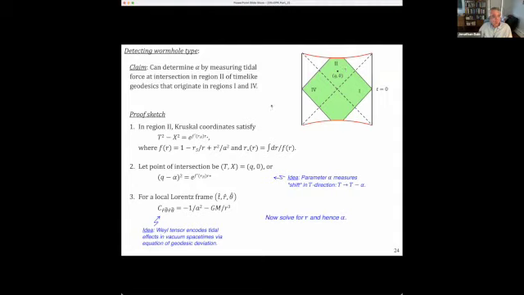So the claim is we can determine alpha by measuring the tidal force at the intersection, in the interior region 2, of time-like geodesics that originate in regions 1 and 4. Intuitively, they correspond to Alice and Bob jumping into their black holes and then meeting in the interior at some point. So let's represent that point of intersection by the coordinates q and 0 for simplicity.